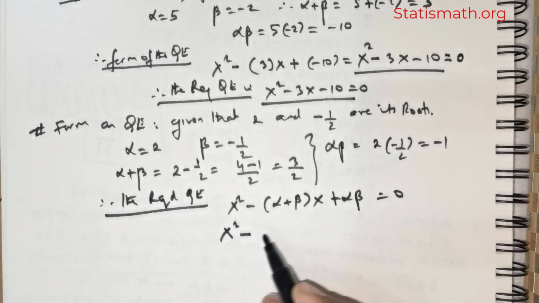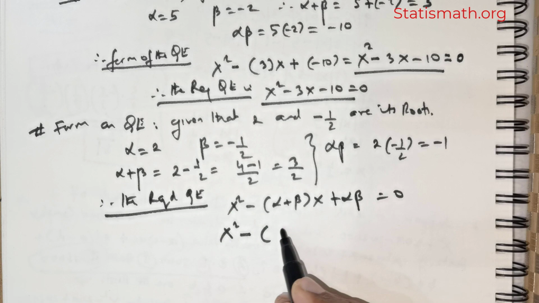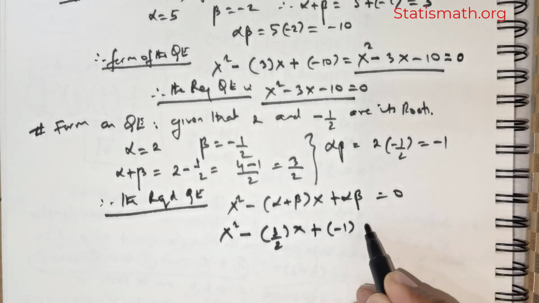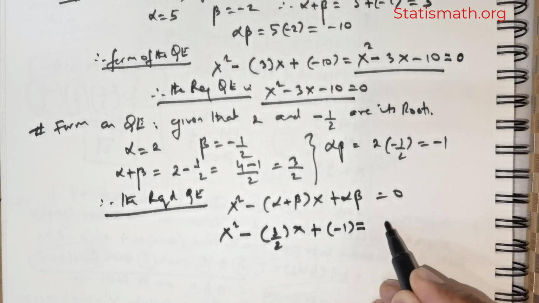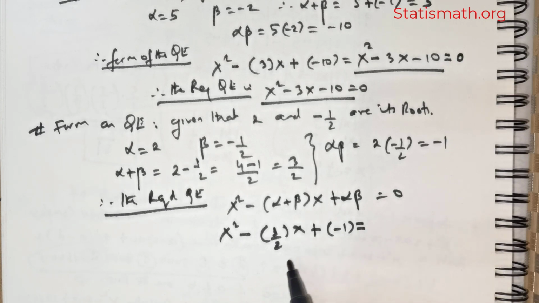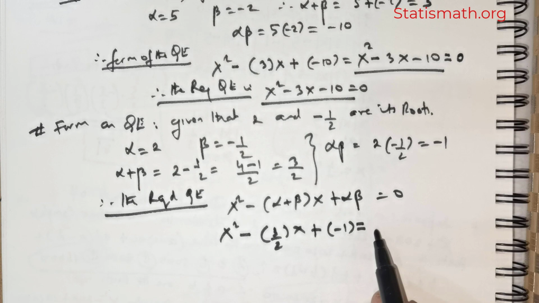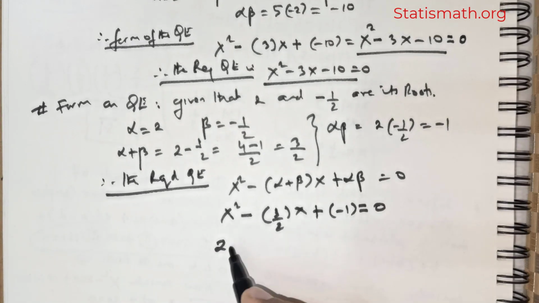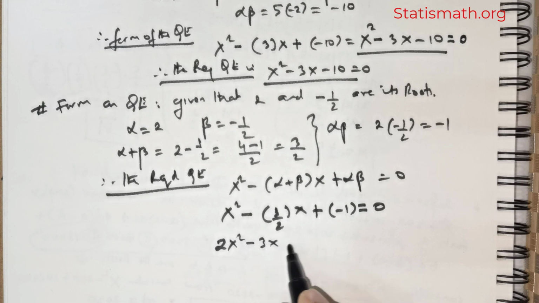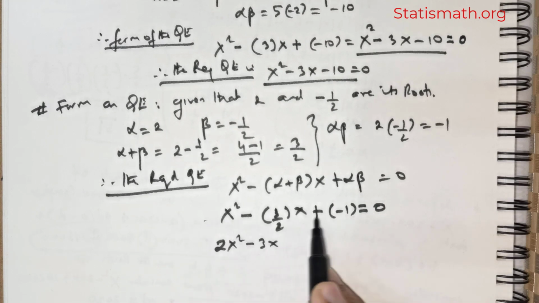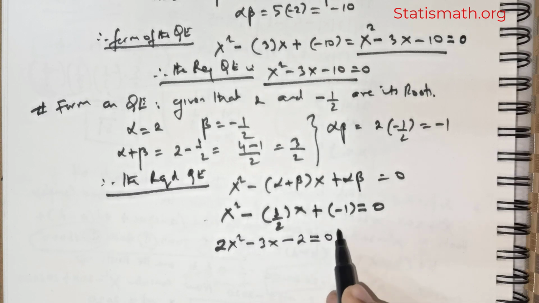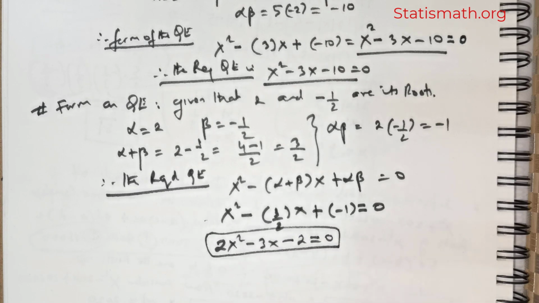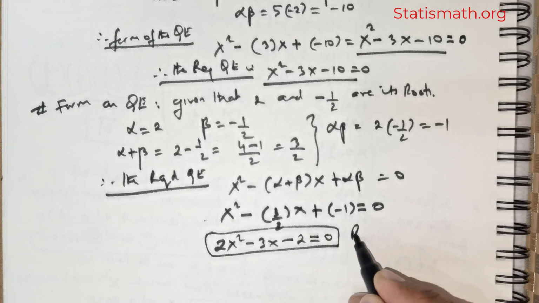So we now have x squared minus 3 over 2 times x plus negative 1, which can be rewritten as, so you got this 2 here, so I'm going to multiply it throughout by 2. So this would give me 2x squared minus 3x, and since I'm multiplying by 2, this is going to give me minus 2 equals 0. So this is the required quadratic equation.